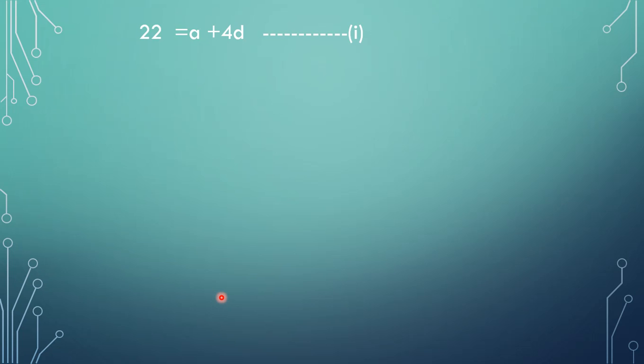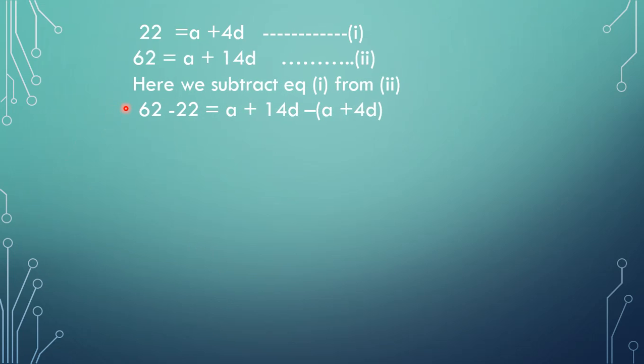So let first and second equation are here. So we subtract the first equation from the second. So we get 62 minus 22 is equal to A plus 14D minus, first equation is minus A plus 4D. Now this minus is multiplied to the terms inside the bracket.